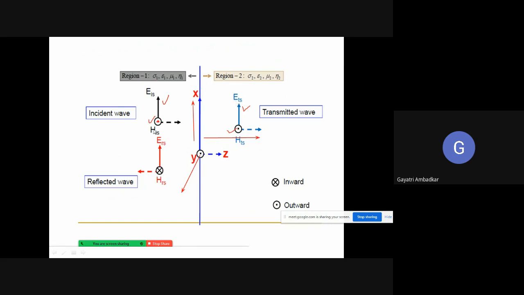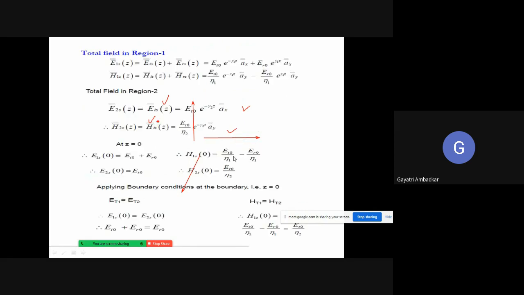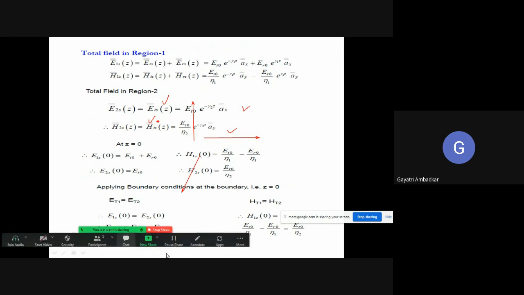The total magnetic field in region 1 comprises H incident and H reflected, whereas in region 2 it is only H transmitted. We have already defined the waveform by E0 e raised to minus gamma z in the forward direction and e raised to plus gamma z in the reverse direction.